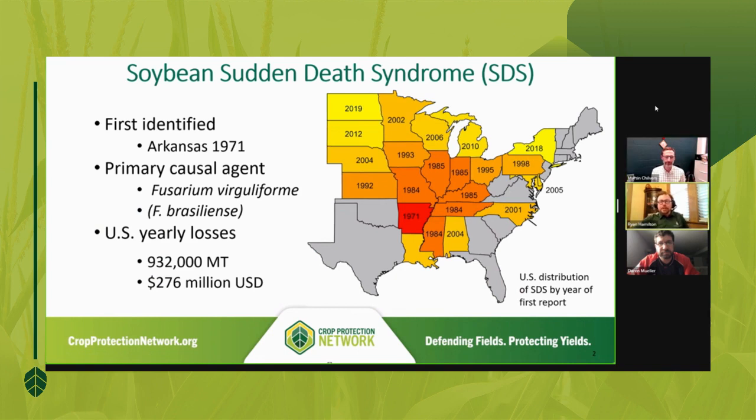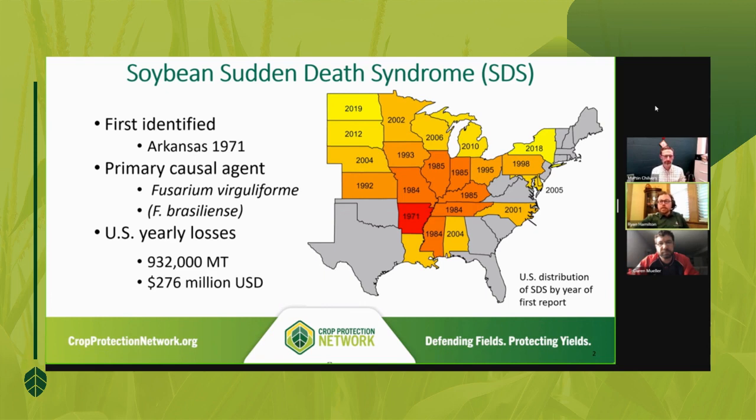Soybean Sudden Death Syndrome, or SDS, is an extremely important yield limiting disease of soybeans in the United States and all the major soybean producing regions in the Western Hemisphere. It was first identified in Arkansas in 1971, and since then has spread to all the major soybean producing states in the United States, as well as Ontario, Canada.